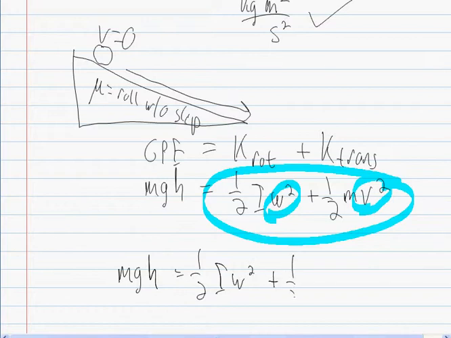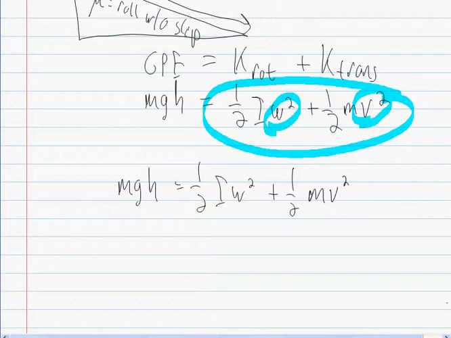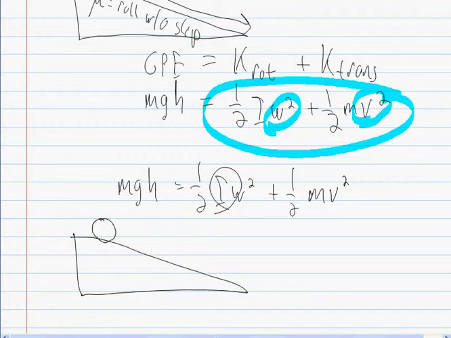Now, before we were used to masses canceling out, but mass won't quite cancel out because we have moment of inertia. So let's look at an example that rolls without slipping. We'll say it is a solid cylinder of mass capital M, and it goes from some height h.